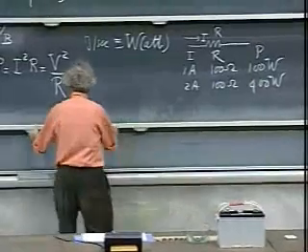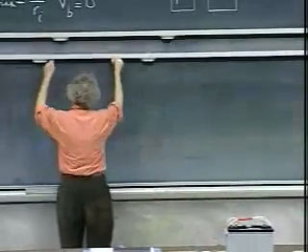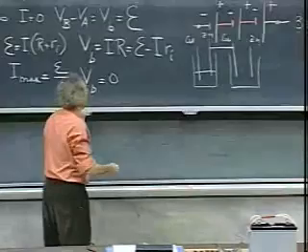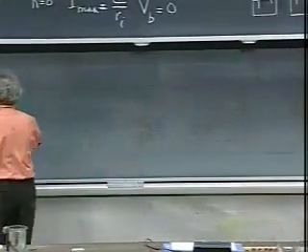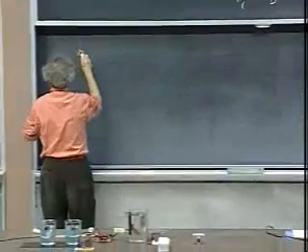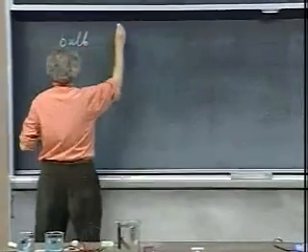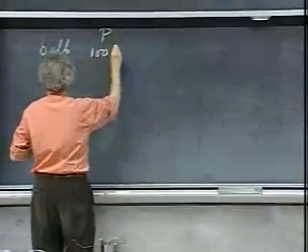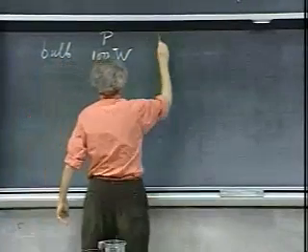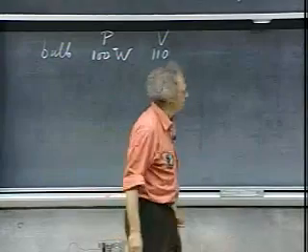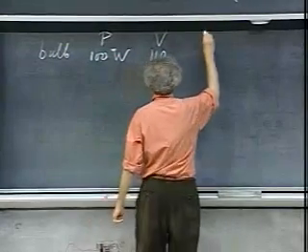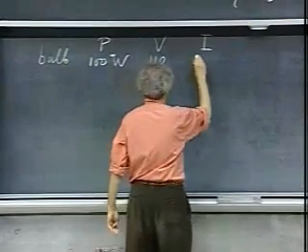So, for instance, a 100-watt light bulb. Oh, let's work on here. So if we have a 100-watt light bulb in your dormitory, and the voltage is 110 volts, you just plug it into the wall, then the current that will run is about 0.9 amperes.